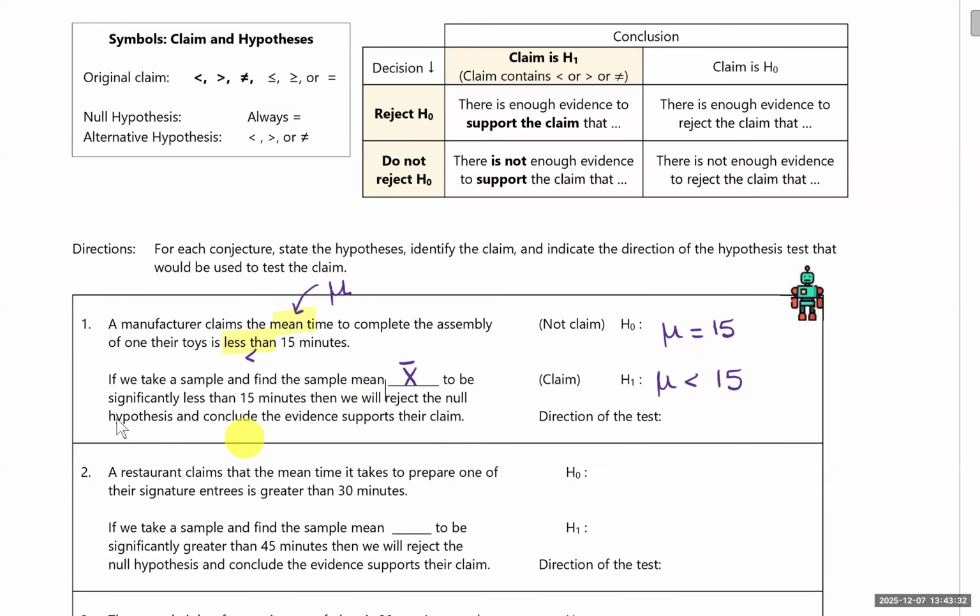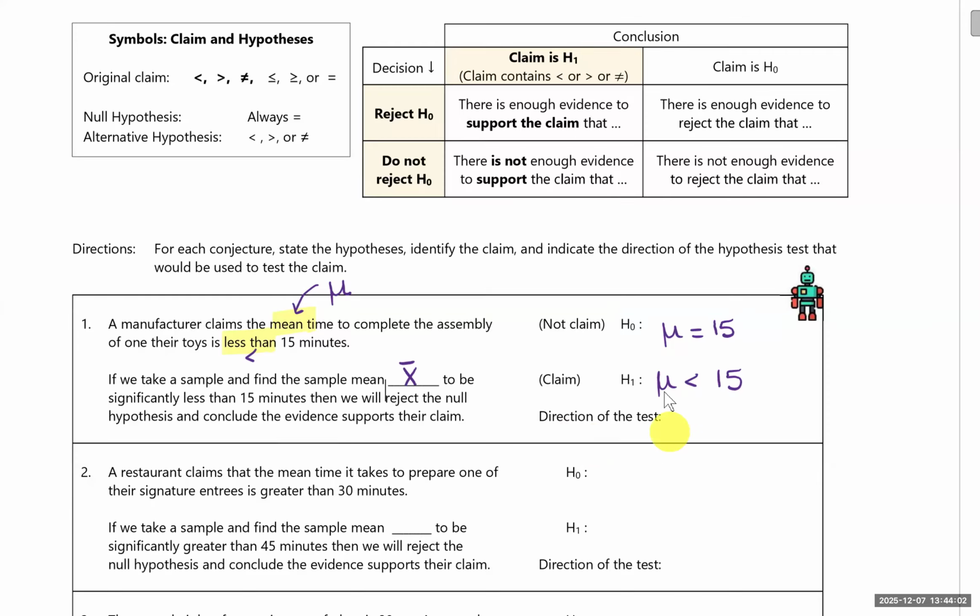And if that sample mean is significantly smaller than 15, then we're going to say I reject the null hypothesis and conclude I've got evidence to support that claim. We will define significantly in detail coming up. You can just think of it as much less than 15. It will lead us to support the manufacturer's belief.